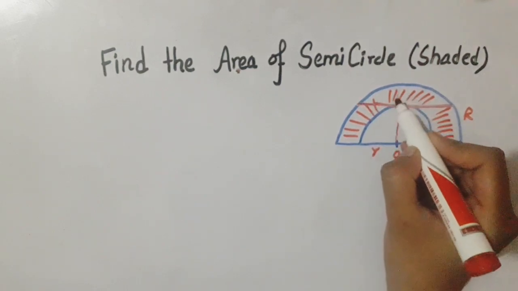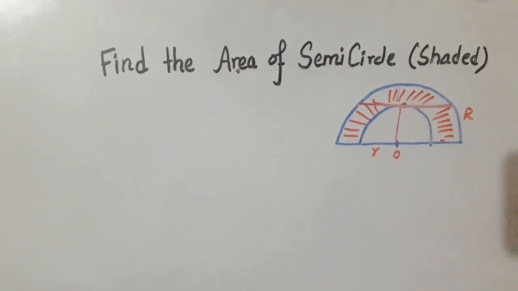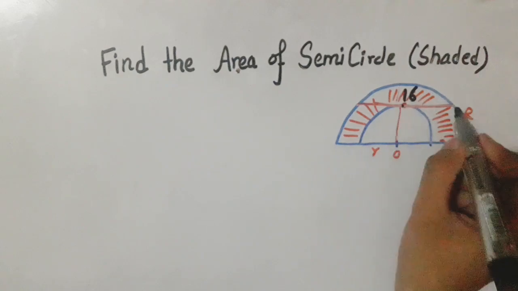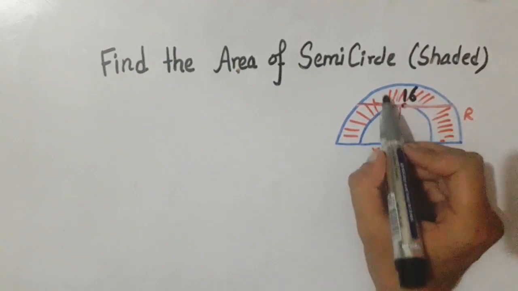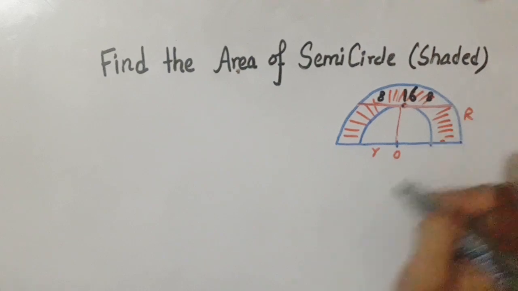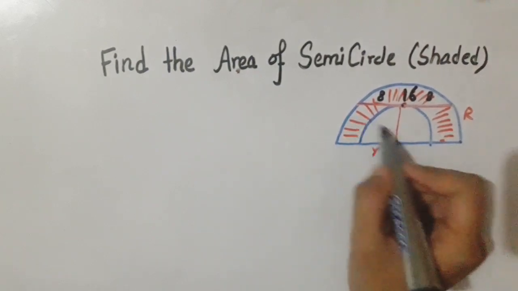Let's consider the length of this line is 16, and this line intersects this part in two equal parts. This will be 8 and this will be 8. Now we have to find the shaded area.